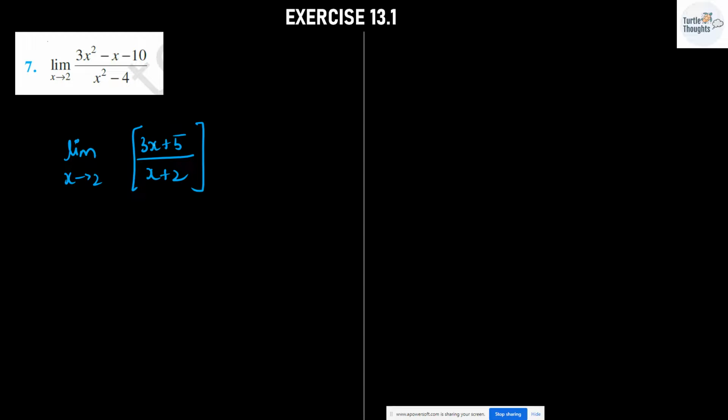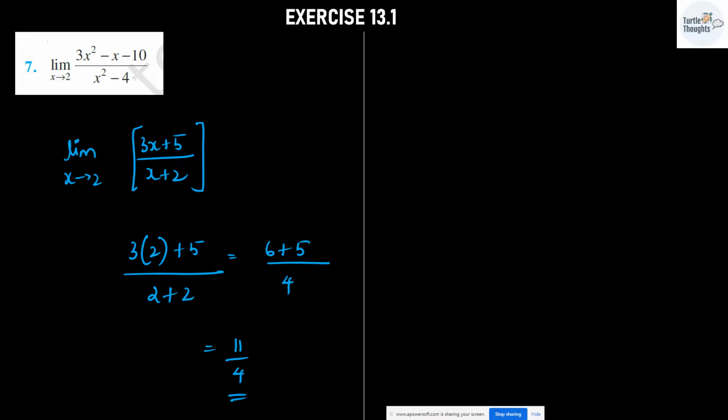Now I just need to substitute the value of x. 3 multiplied by 2 plus 5 divided by 2 plus 2. The answer is going to be 6 plus 5 divided by 2 plus 2, which is 4. The answer is going to be 11 divided by 4.